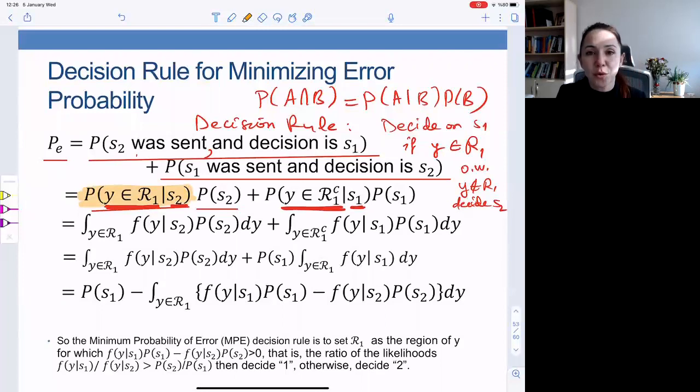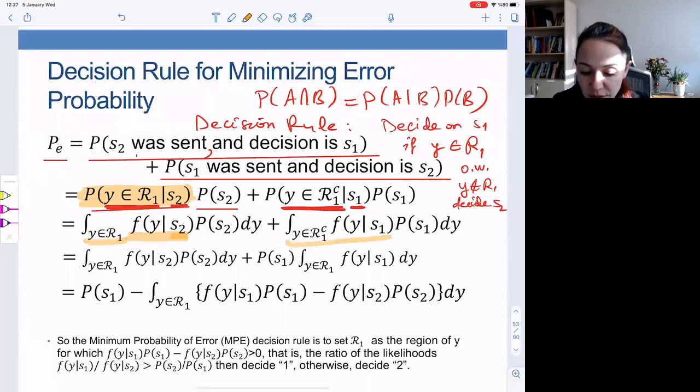Remember, last time we were considering these conditional probabilities under AWGN, so we will be able to use those. Given that S2 is sent, f_Y given S2 is the conditional PDF of Y, and when we integrate this over the region R1, we find the probability that Y takes values in R1, given the hypothesis S2 is true.